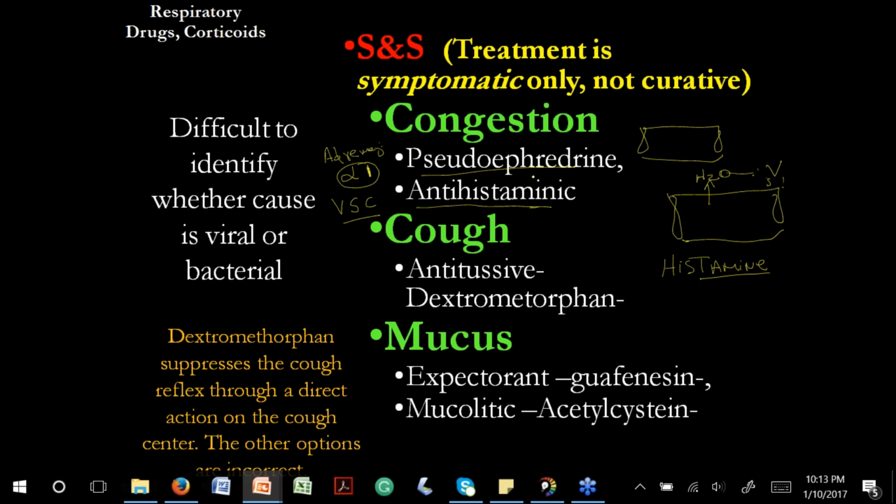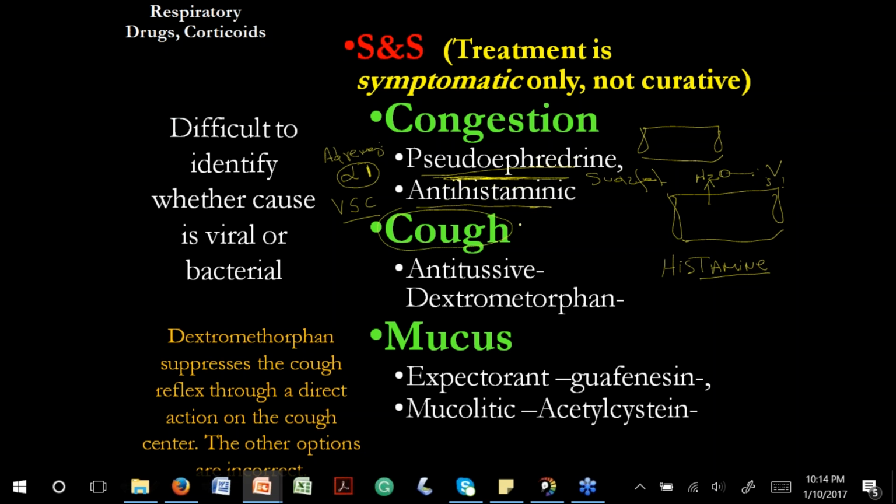So we can use pseudoephedrine, that is an alpha-1 agonist, and antihistaminics in order to prevent the congestion. Okay, so which one is going to be faster? Actually, the pseudoephedrine, alpha-1. Alpha-1 is the Sudafed, right? Remember the Sudafed?